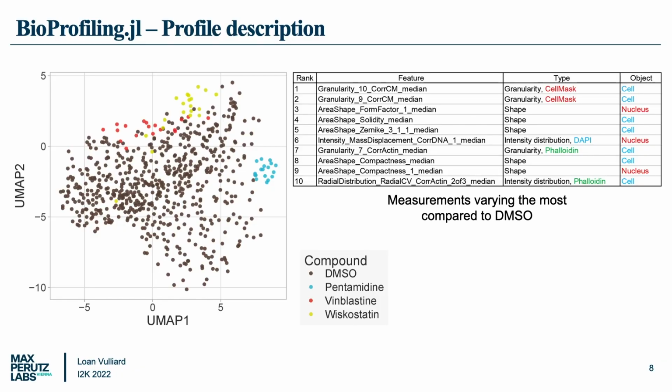BioProfiling.jl makes it easy to visualize profiles, and here we see with a UMAP plot that some compounds, such as vinblastine again, are affecting the morphology in specific manners, and consequently we see that they correspond to different clusters in this plot. I also obtained the measurements that were varying the most in the drug perturbations compared to DMSO, thanks to a one-liner in our package.